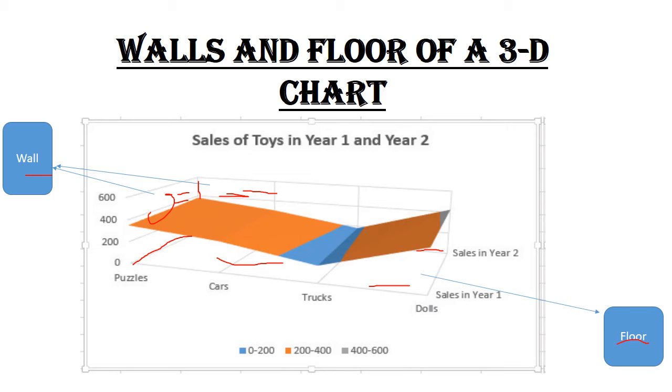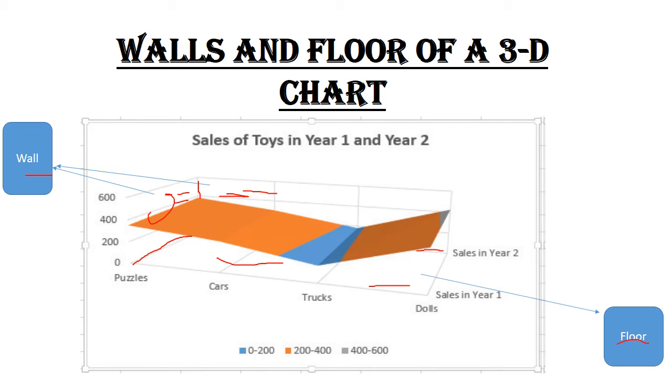And the floor, where will you construct the floor in a building? Yeah, at the basement, isn't it? So this base area is called floor here. Okay, I think now you can understand it easily, isn't it, dear children?